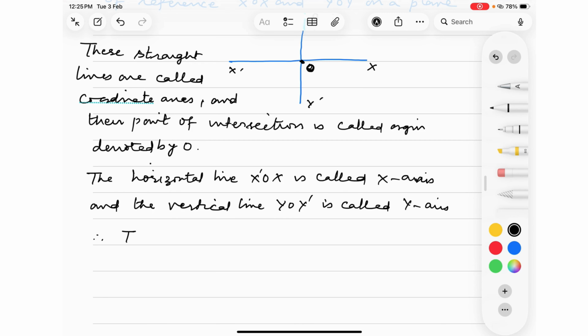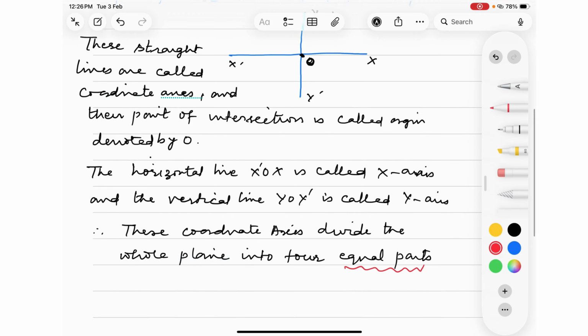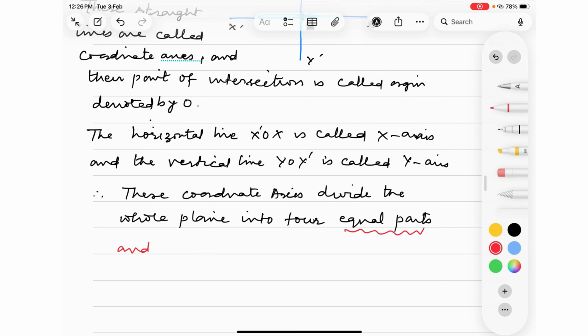So these coordinate axis divide the whole plane into four equal parts, and these parts are called quadrants.